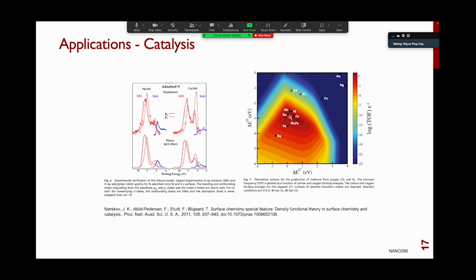If you have stronger binding of carbon, you have lower turnover frequency. If you have weaker binding of carbon, you also have a lower frequency, right? So there is an optimal region for binding energies, which gives you the best catalytic performance, okay? Essentially here they also show that this nickel 3 Fe alloy that they were developing has one of the best turnover frequencies for this reaction, okay?